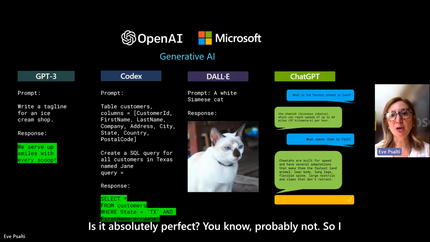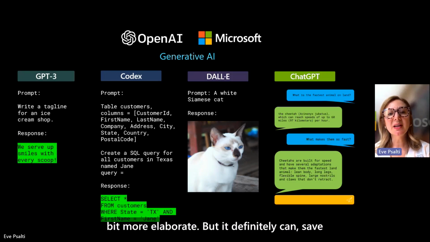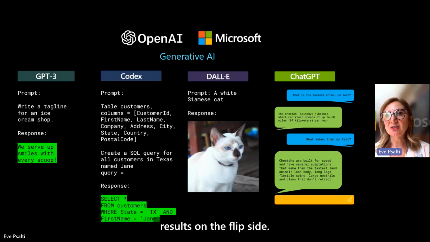Is it absolutely perfect? Probably not. So I think it's a good start to create something a little bit more elaborate, but it definitely can save a lot of time, and it can create fairly accurate results on the flip side.